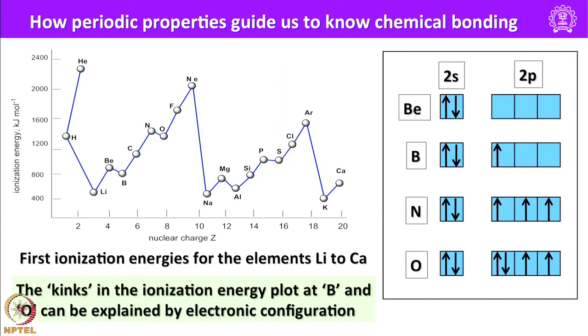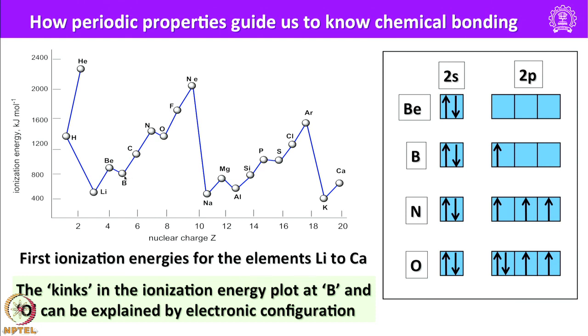I have given a plot here to get an idea about the relative ionization energies of first row elements. You can see for helium it is very high and then it steadily drops, and lithium has the lowest value, and then when we go to beryllium it increases. Of course, here the nuclear charge is also increasing.